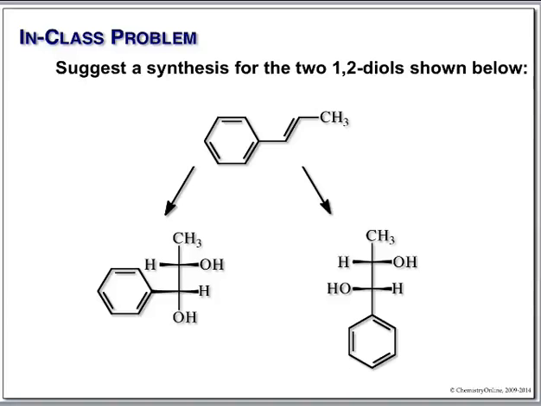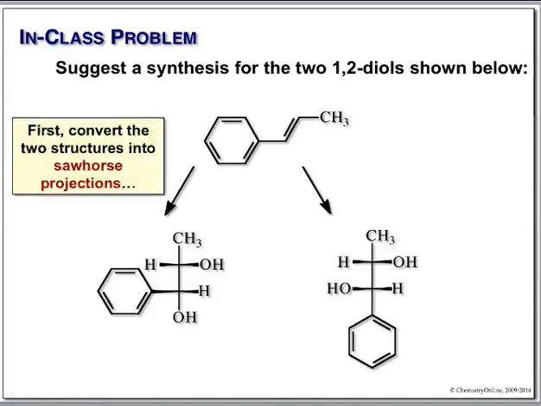Remember, in a sawhorse, we use this, for example, as our front carbon, and that's our back carbon. We're going to draw a sawhorse with this going up, this going up, this down. Again, this would be up, up, and down. Go ahead and draw a sawhorse for each of these.